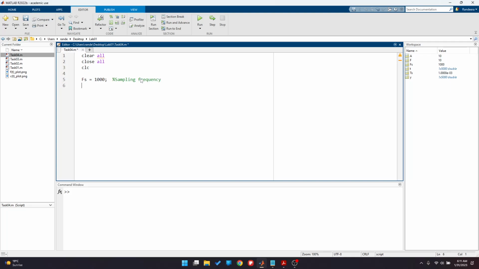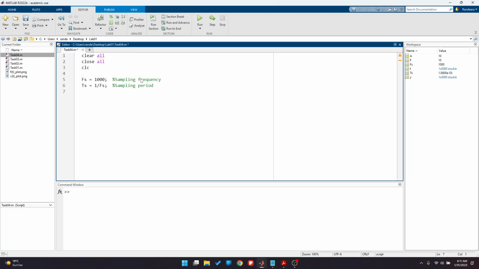After entering the sampling frequency, we can compute the sampling period using f equals 1 over t. So here I will say ts equals 1 over fs, and this is our sampling period.